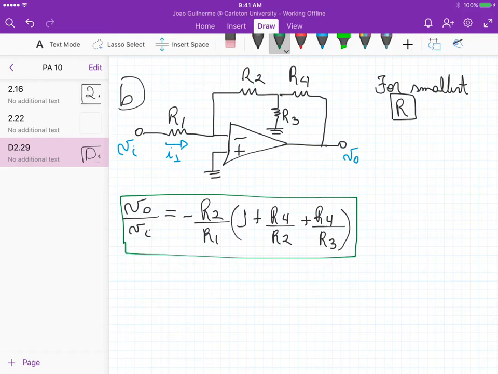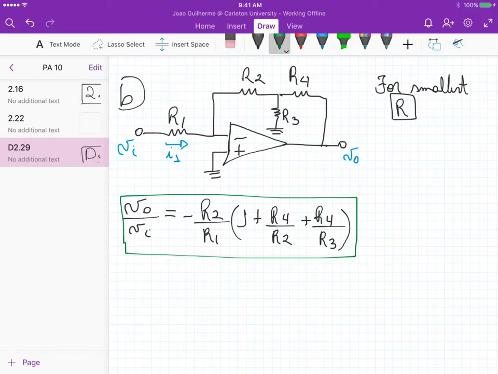One thing is that they all should be equal to or less than 100k, and we should get the smallest R possible between the configurations. We can pick R1, R2, R4 equal to 100k and then define the value of R3. Or we can pick R2, R4, R3 equal to 100k and then define the value of R1. You can make all the possible combinations to see which one gives you the smallest R.